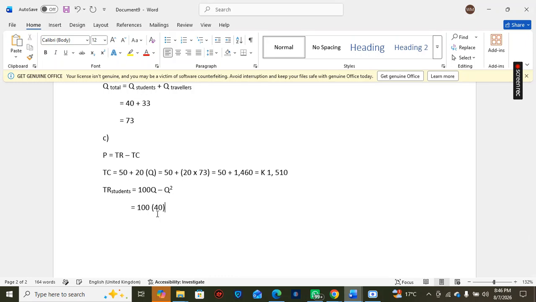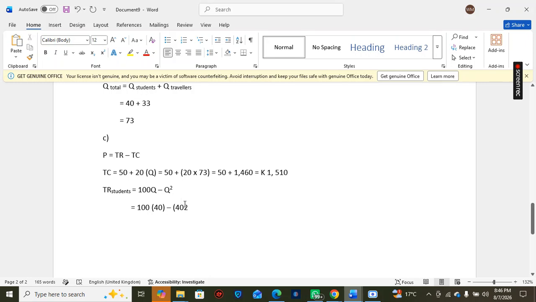Please don't put this 73 here. This 73 is an aggregate, it's the total. Since we had one total cost function, that's why we just put it there. But we have got different revenue functions, so be careful about the Q you use.